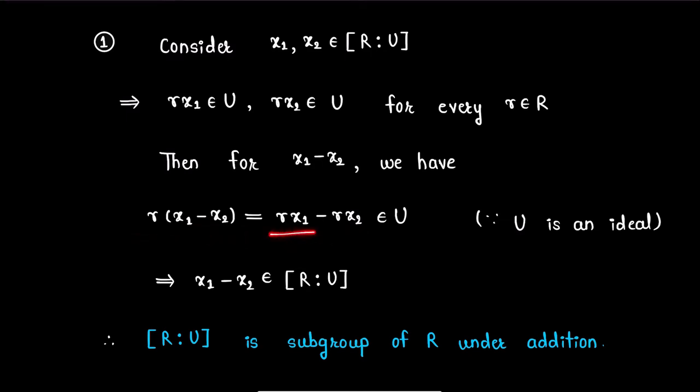Now since both rx1 and rx2 are elements of ideal U, rx1 minus rx2 will again be an element of ideal U. That is, r(x1 minus x2) is an element of ideal U, and therefore x1 minus x2 is an element of this set, and so this set is a subgroup of ring R under addition.